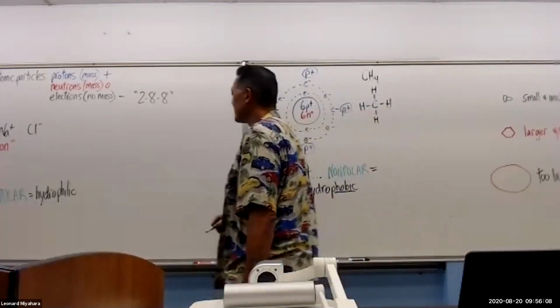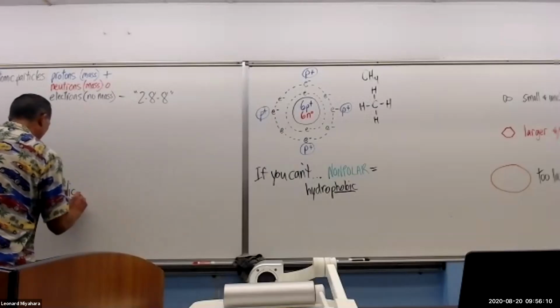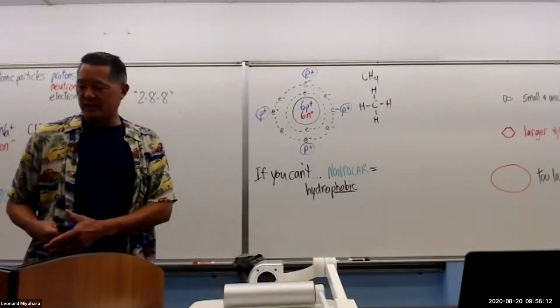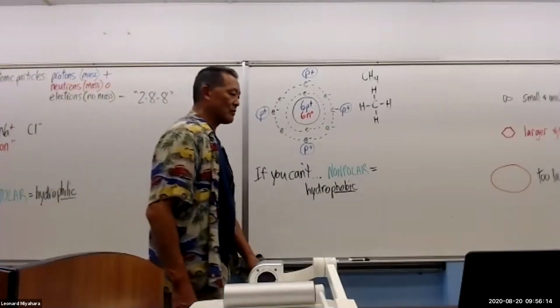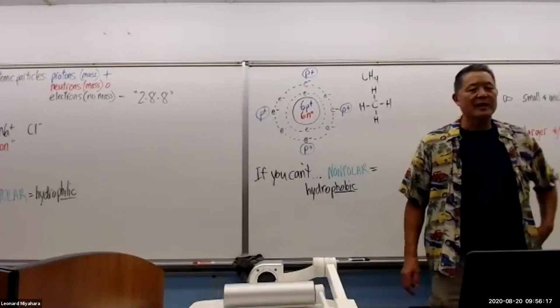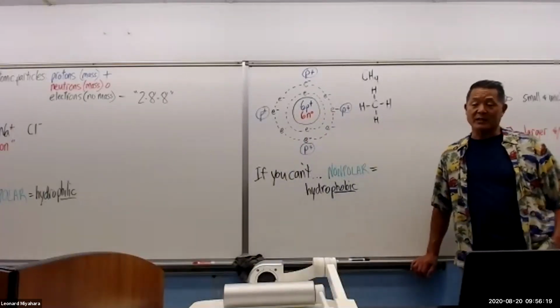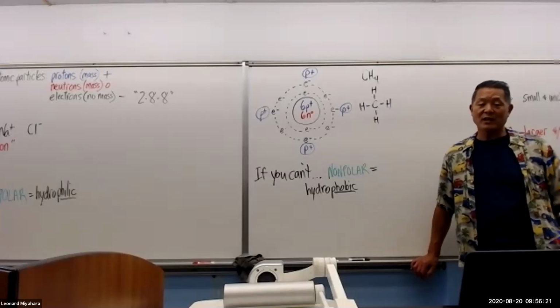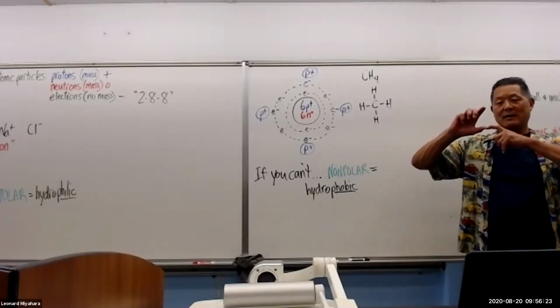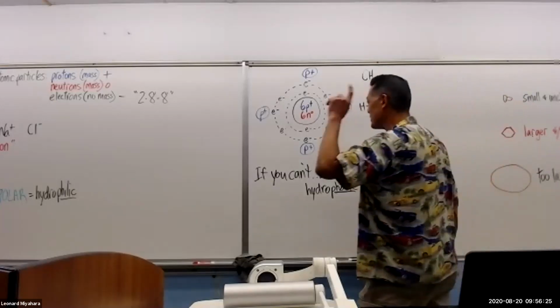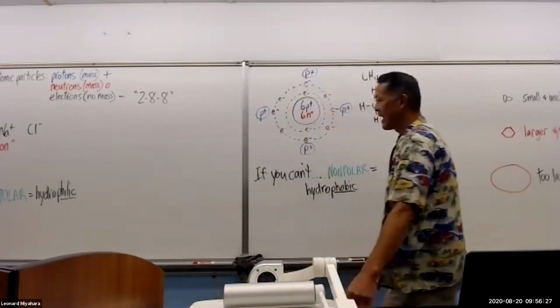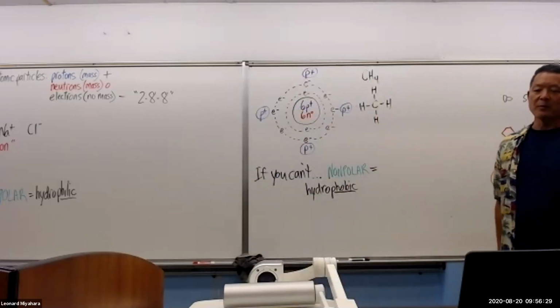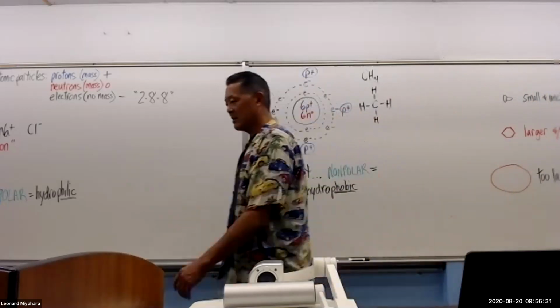Okay? If you want to see your own little demonstration of this, take some salad dressing out of your refrigerator. If it is Italian salad dressing or oil and vinegar based, it's in 2 layers because the vinegar is hydrophilic and the oil is hydrophobic and they don't mix.